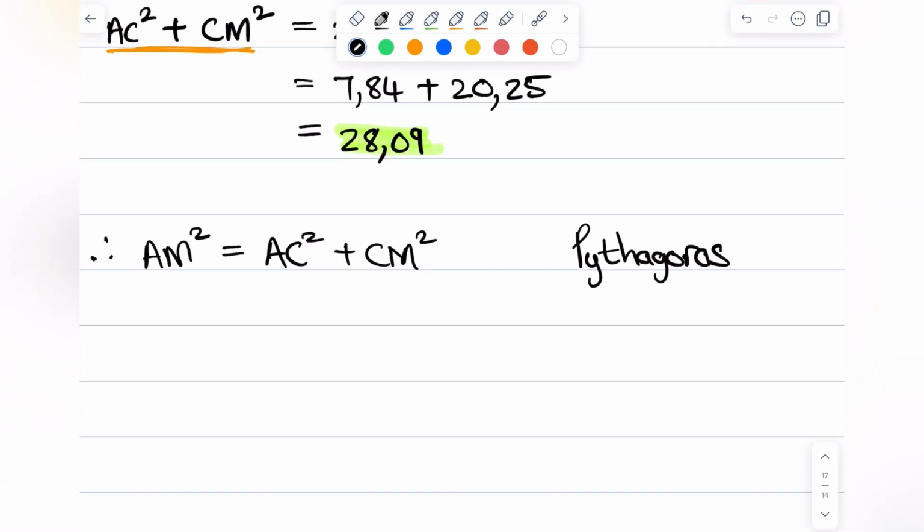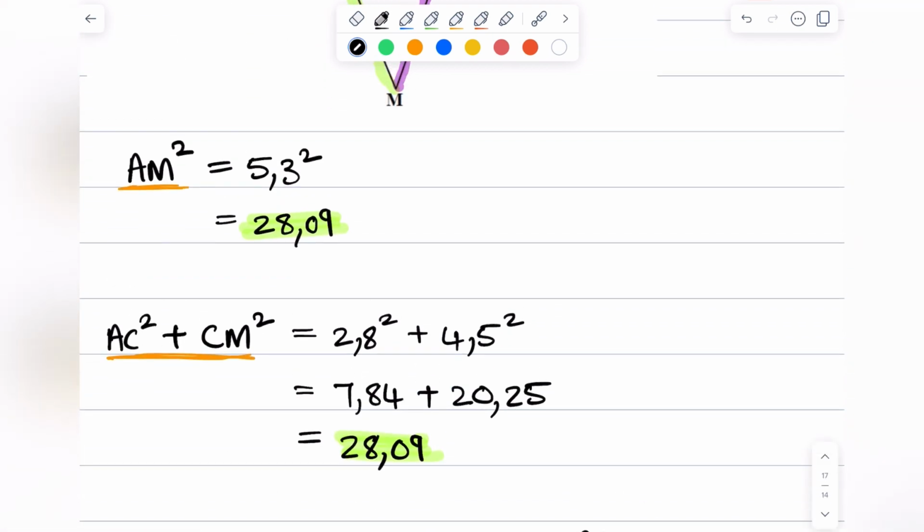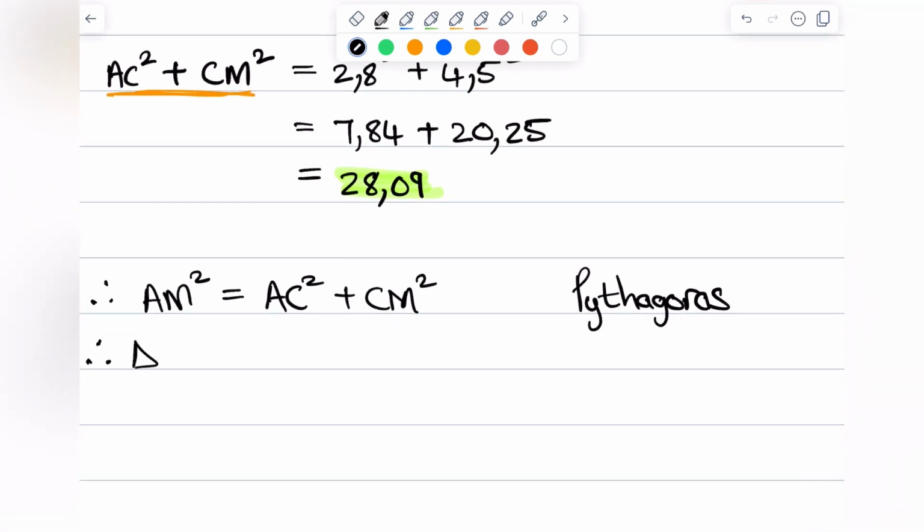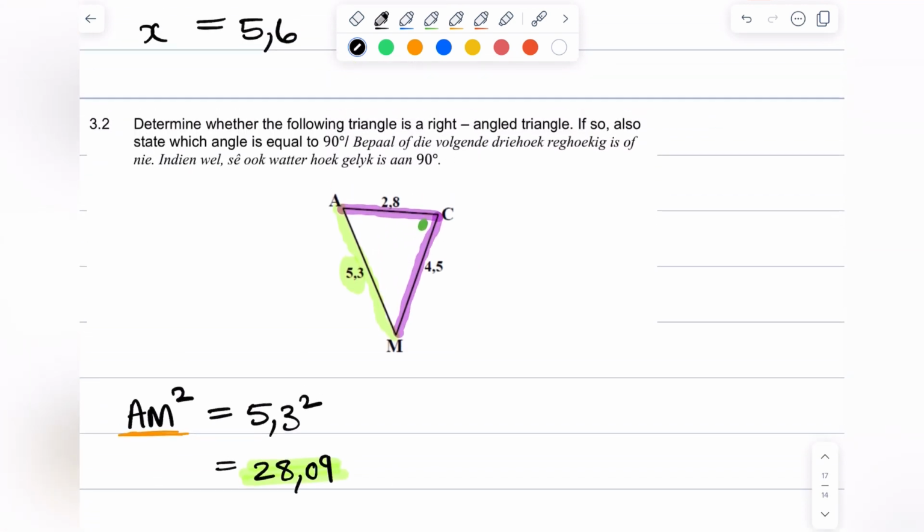And I'm then going to follow up by saying, well, because that's true, it then means that triangle ACM is a right angled triangle. And this is the part that you sometimes forget. You need to indicate, as they've asked us here: if so, also state which angle is equal to 90.